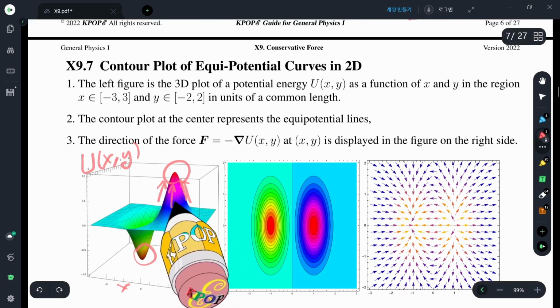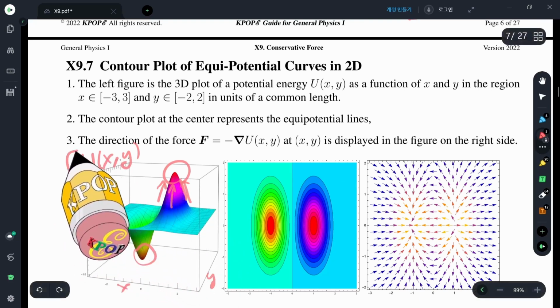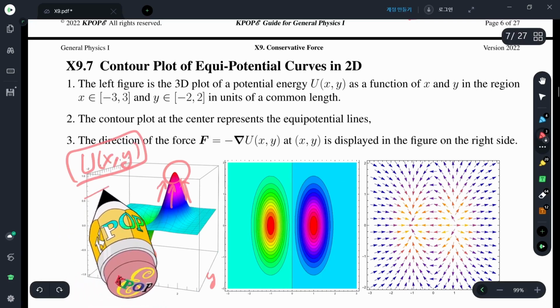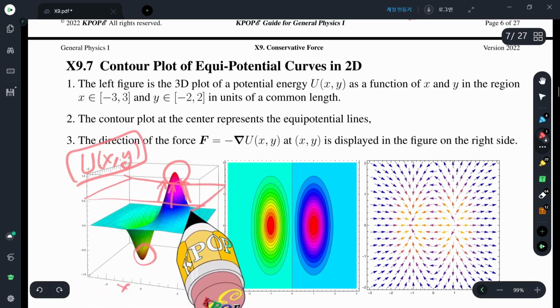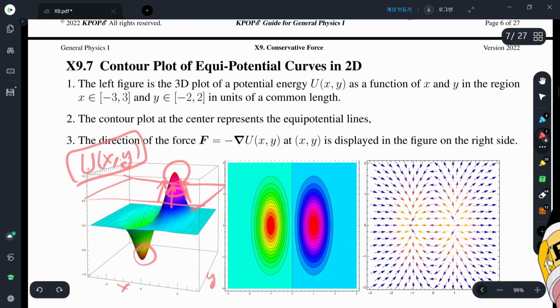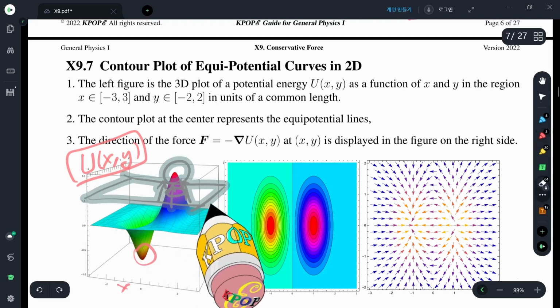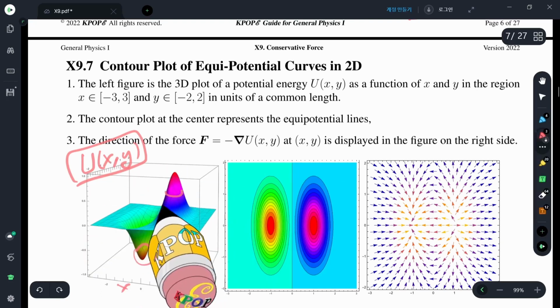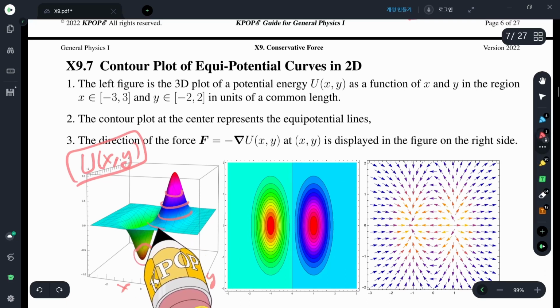So when we find the equipotential surface, we'll find a kind of circle or ellipse. These are the equipotential surfaces.